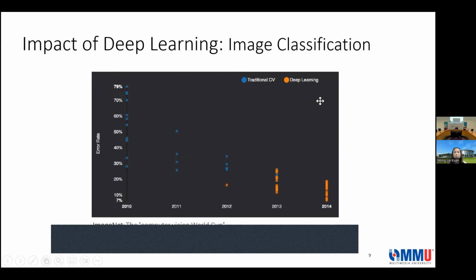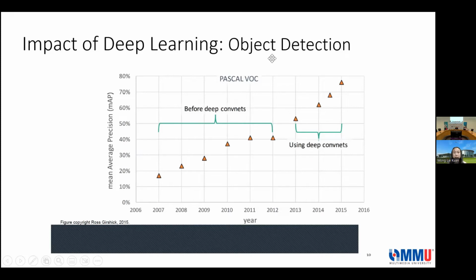Now, how is the performance in object detection? Like you said just now, it can detect the object and find where it is, not just tell whether this image is a cat or a dog. The impact of deep learning for this is even greater. You could see that before 2012, the mean average precision was only about 40%.